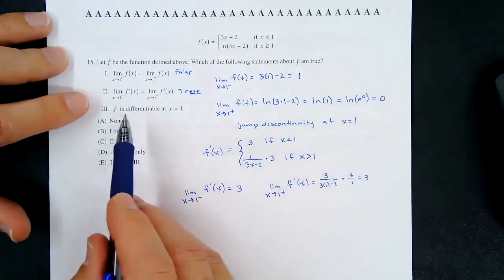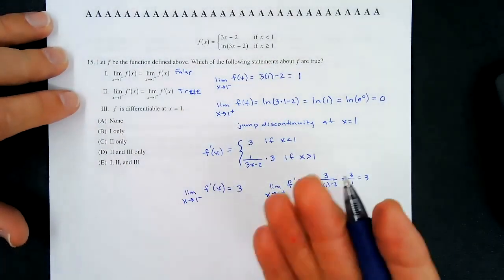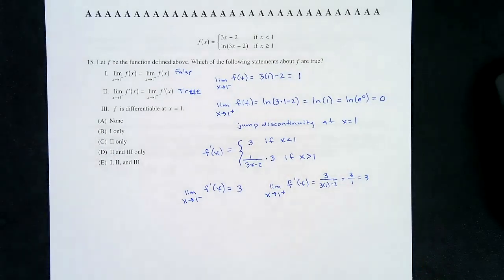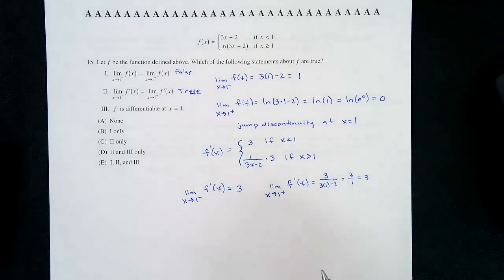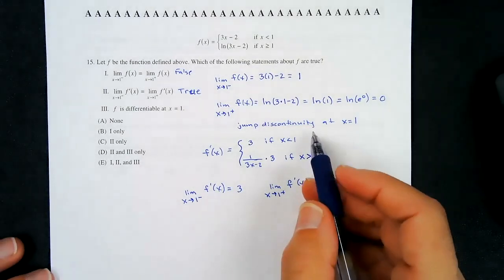And then we also need C. Is f differentiable? Well, what does it mean to be differentiable? That means it has to be continuous, right? f is not differentiable at x equals 1. Why? Because there's a discontinuity there.